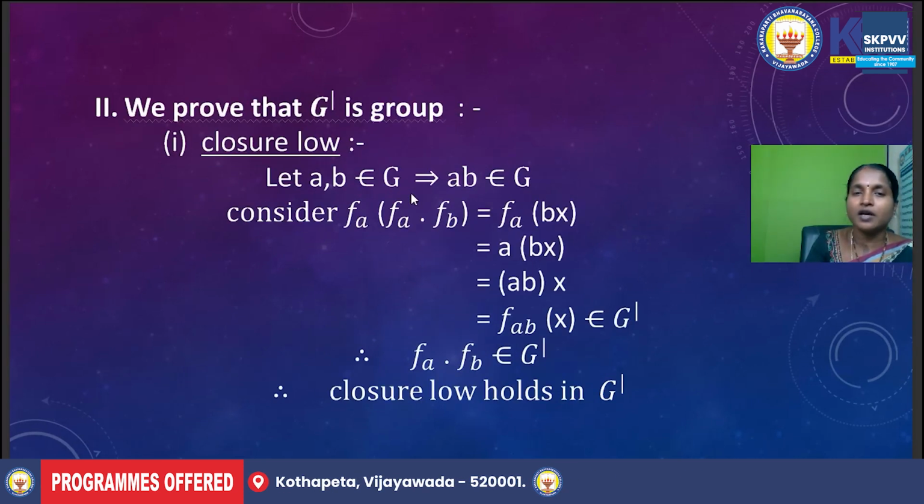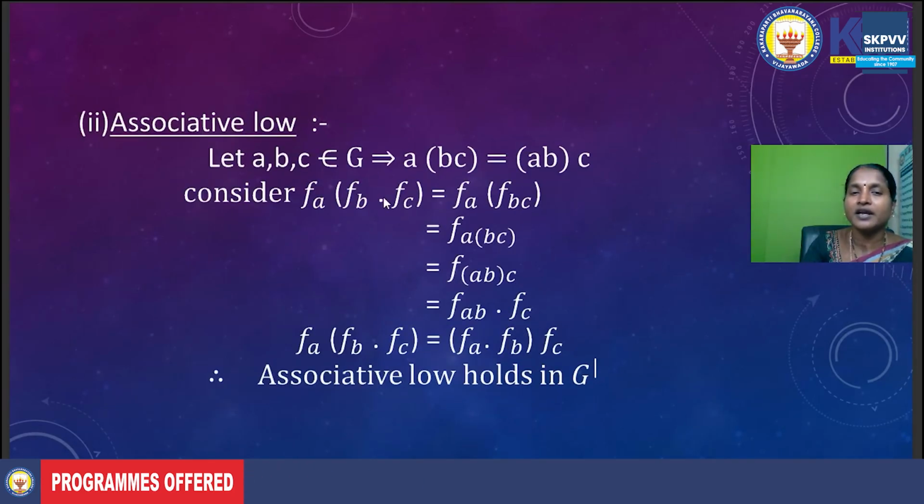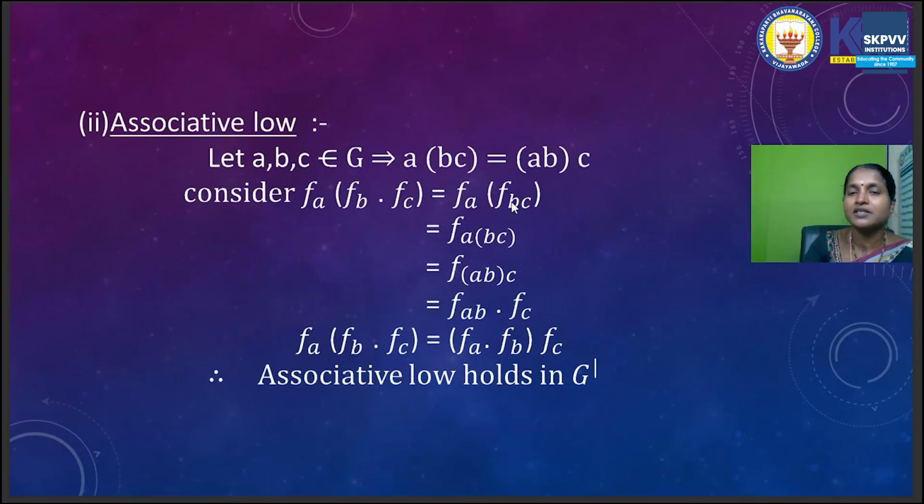In the above property, FB into FC is F of BC. Again we apply closure law, FA into FB is F of AB, here B is BC, so F of A into BC.